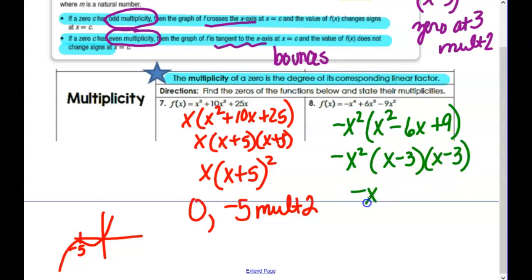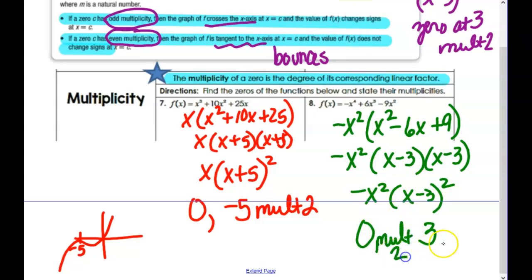So we can write negative x squared and x minus 3 squared. So where are the zeros at? 0 and 3, and both of them are what? Because they're squared, we write multiplicity 2 on both of them.